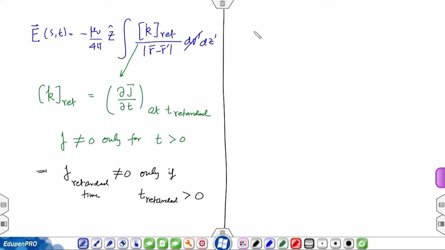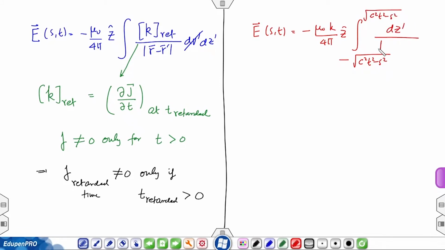My electric field E(s,t) is equal to minus mu 0 k over 4 pi in the z direction, integral from minus square root of c squared t squared minus s squared to plus square root of c squared t squared minus s squared, dz prime over square root of s squared plus z prime squared.